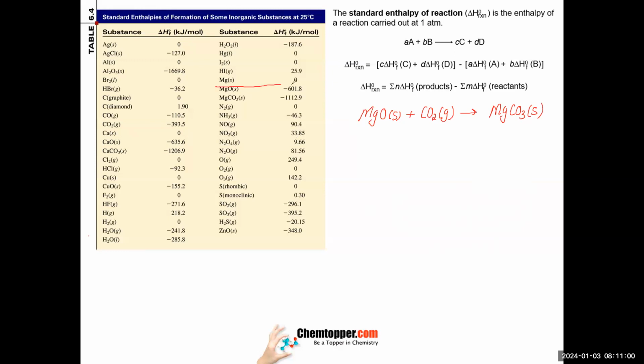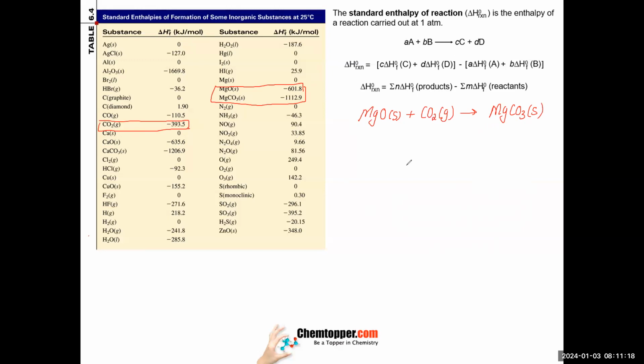MgO is given here, these two values, and CO2 is here. Is this equation balanced? It is balanced.